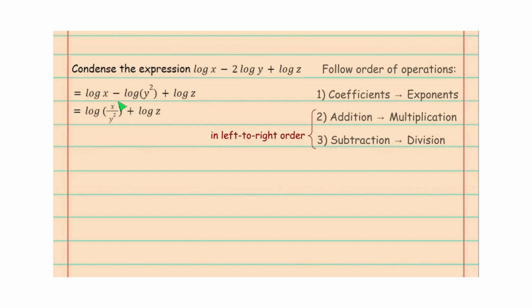Notice, I'm going from left to right, so I'm going to handle the subtraction first before I handle the addition. Finally, I'm going to turn the addition outside the logarithms into multiplication within the logarithm, in which I would get my answer.